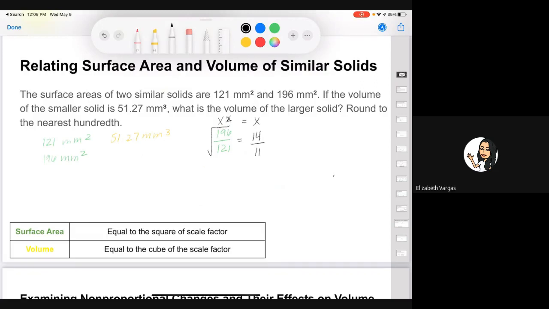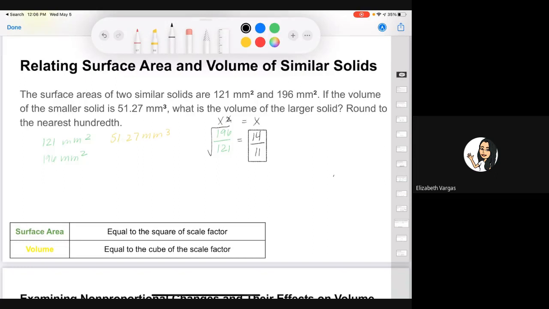You're just working backwards. So if it's equal to the square of the scale factor, then you work backwards to identify what was the scale factor that you squared to get your surface area. And so now I know my scale factor is 14 over 11. Given this information, I want to identify the relationship between my volumes.